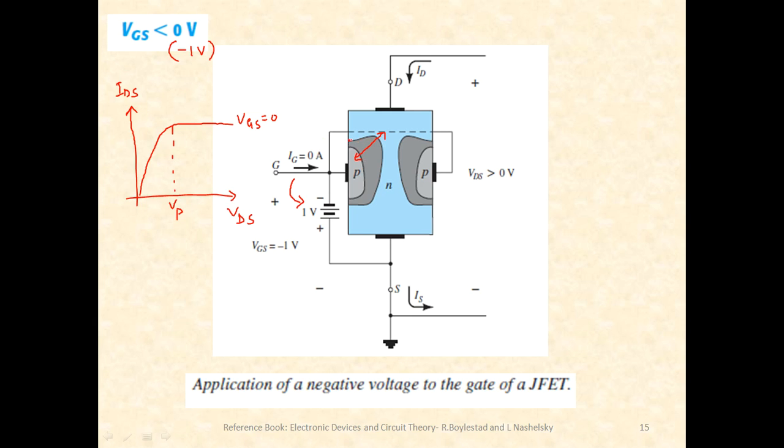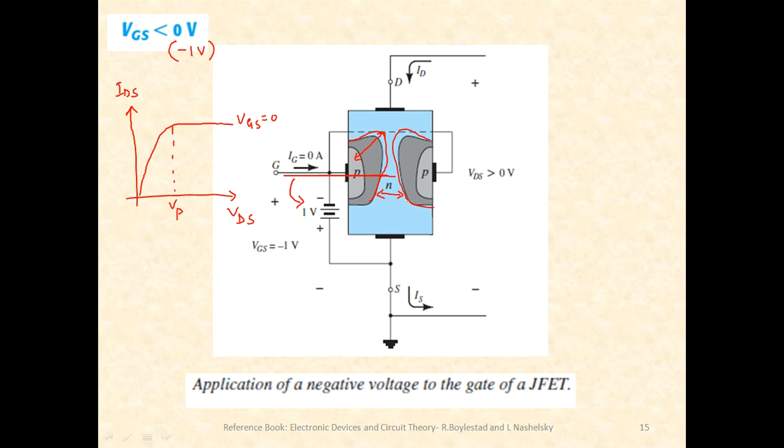So that means when VGS is minus 1, the depletion region bulges faster when compared to the situation when VGS was 0. So what does that mean? That means there will be pinch off earlier in this case when compared to VGS equal to 0.